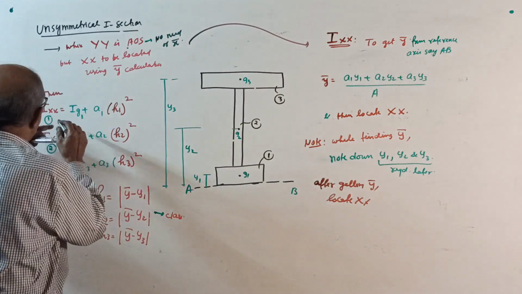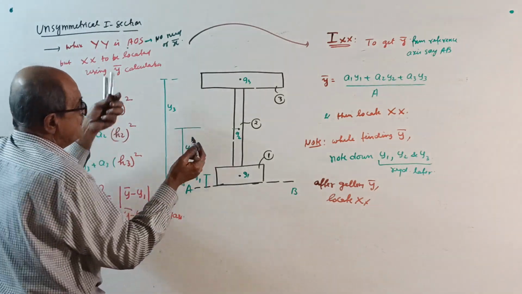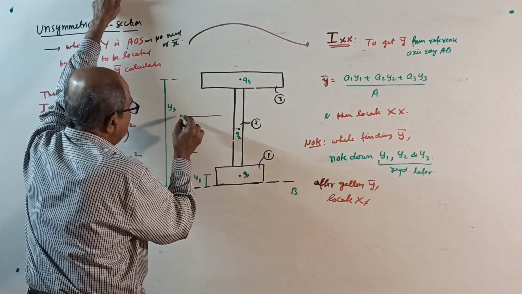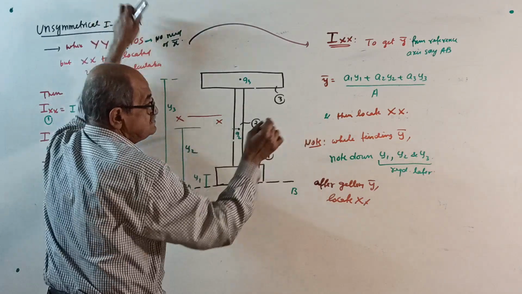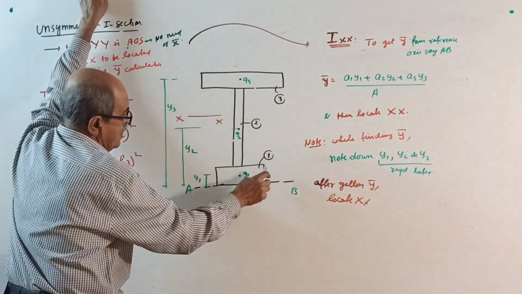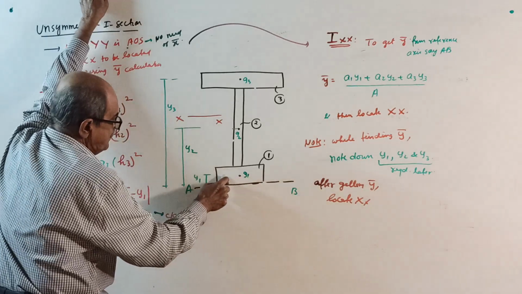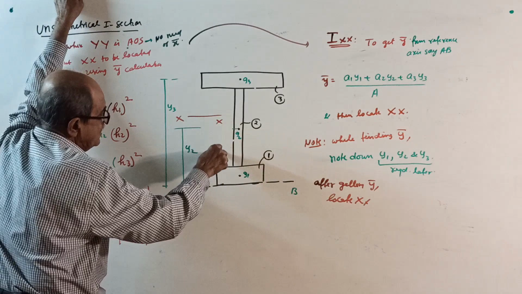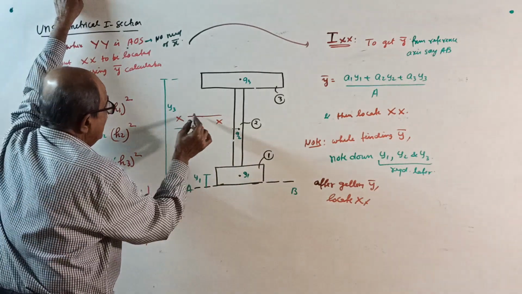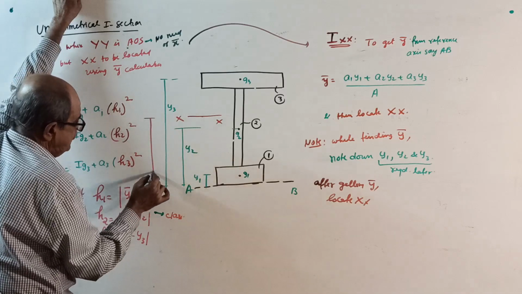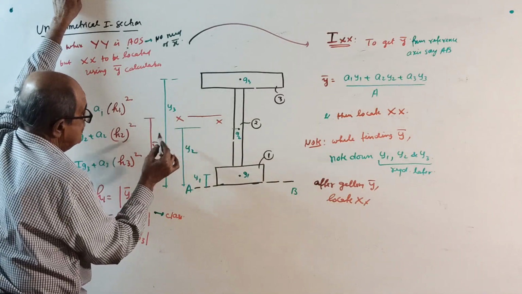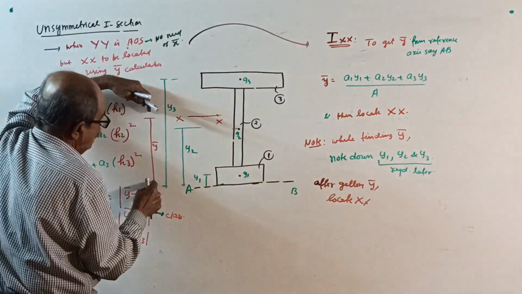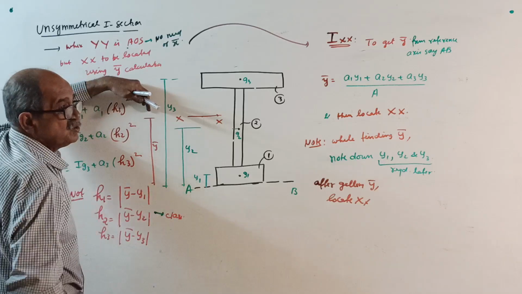Then Ixx equals... I don't know where xx is. Anywhere xx is there, somewhere. For this one, I about its own axis, Ig1, plus area into this distance square. Wherever xx is, this is your y bar, so the distance from centroid to xx is y bar minus y1, square.